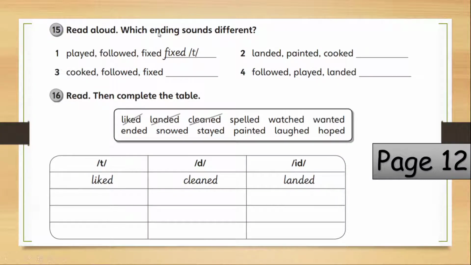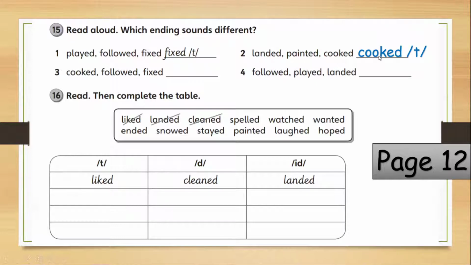Okay, read aloud which ending sounds different. Number 1. Played. It's d. Followed. It's d. The same. Fixed. Oh, this is different. It's t. Fixed. T sound. Number 2. Landed. Ed. Painted. Ed. Cooked.